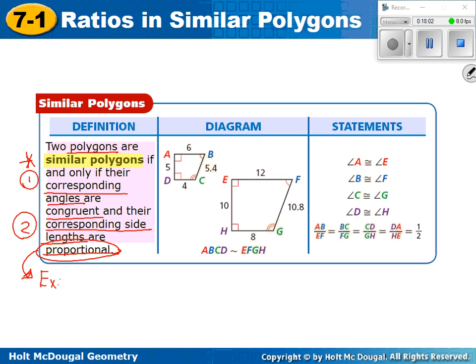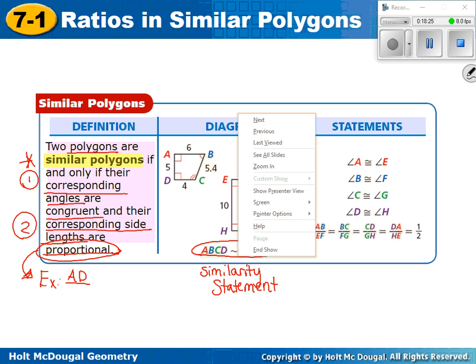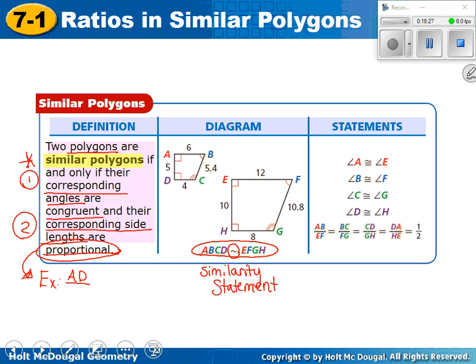So let's start with AD. You may want to write this down. What side is AD going to match up with? EH. And again, here's this little similarity statement. You may want to write that on your notes as well. This is called the similarity statement. Notice that little similar symbol. Again, it looks similar to things we've done before, but it's not the same. Little squiggly.